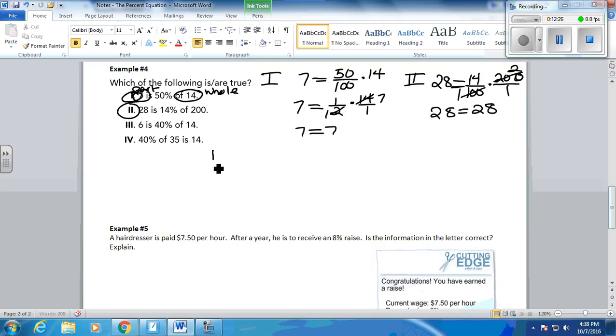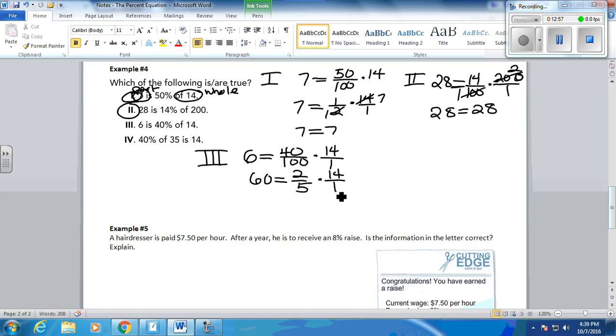Number 3, Roman numeral 3. 6 is 40% of 14. It's following the same format as the previous 2 questions. So I will have 6 is 40 hundredths of 14. And again here, you can either cross cancel the 14 and the 100, or I'm going to reduce 40 hundredths. That's going to go down to 2/5.